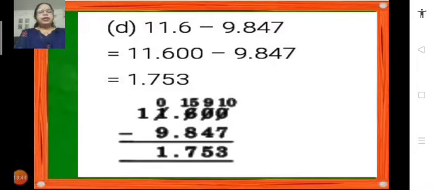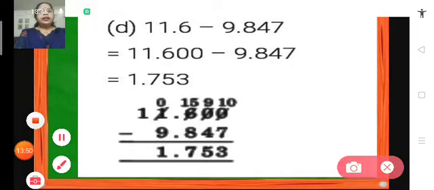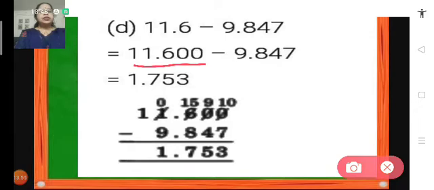Next is 11.6 minus 9.847. So in order to make them like decimals, we write 11.6 as 11.600 minus 9.847. Now we place them like this and start subtraction from here.